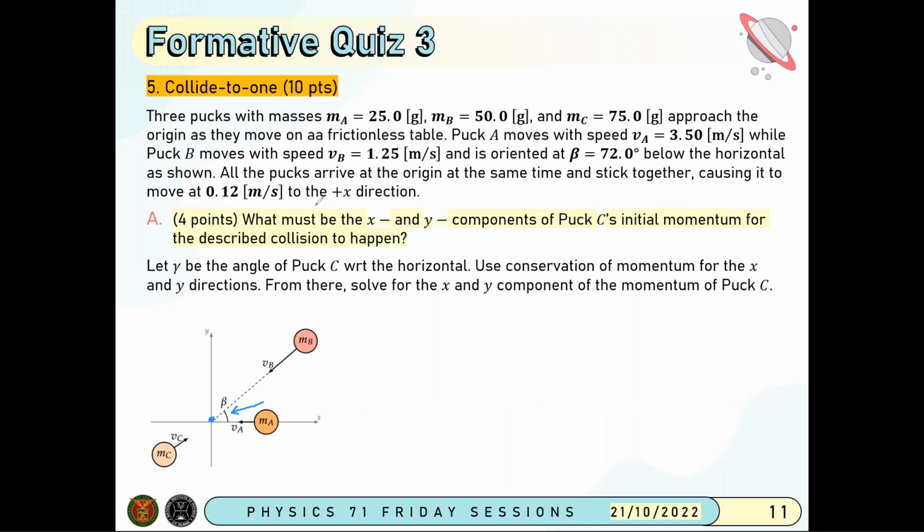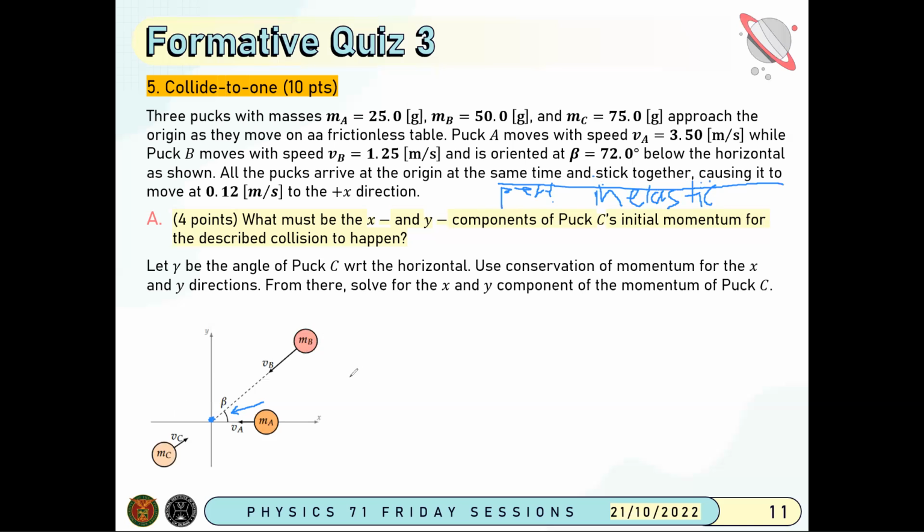So yung collision natin, since they stick together, ano to? This is a perfectly inelastic collision, or in general, an inelastic collision. And kung inelastic siya, sa end dapat magko-combine yung masses nila and they move as one.